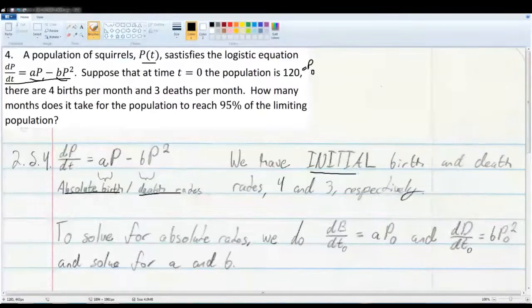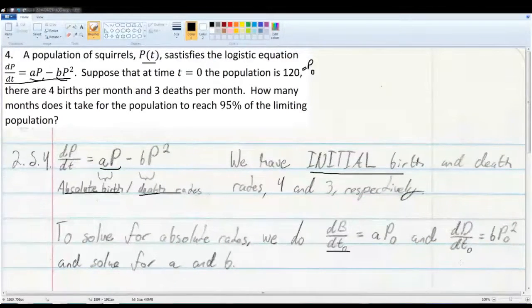And so we have the initial birth and death rates, which are 4 and 3 respectively. To solve for the rates, we take the initial birth rate, which equals A, from here, times the initial population.